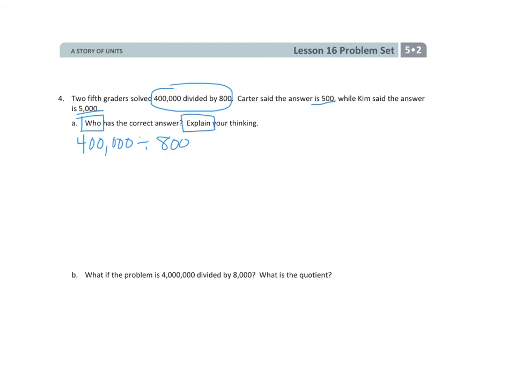So the basic math fact is not 4, it's actually 40. 40 can be divided by 8, because if you count by 8s, you can get to 40, and that's 5 times. Then we cross off the 2 zeros in 800 and the 2 zeros in 400,000. And 40 divided by 8 gives you 5.